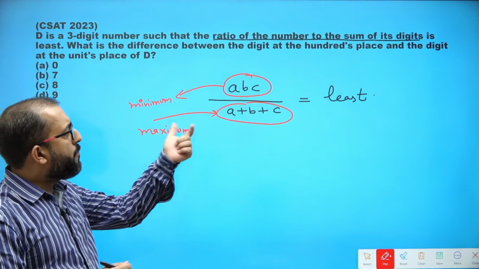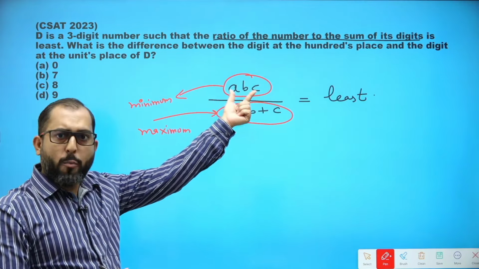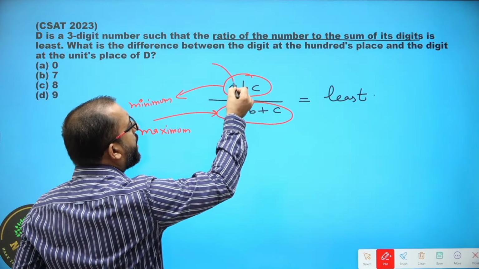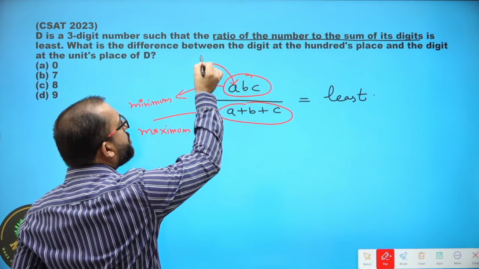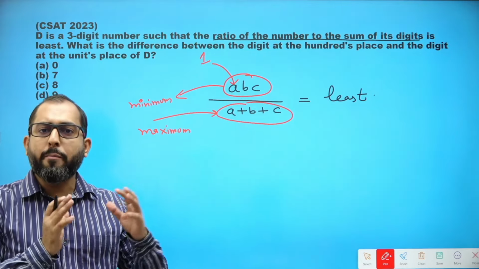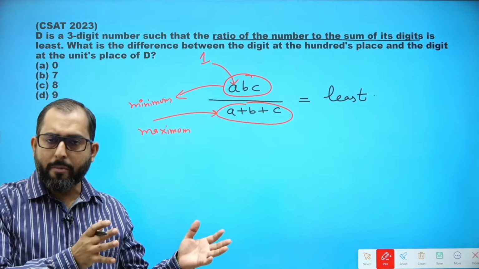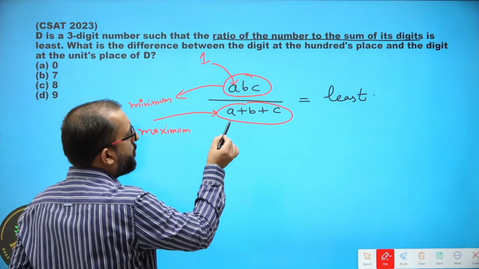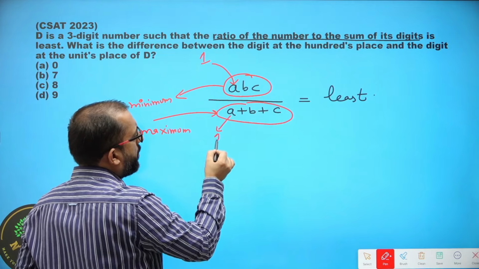So if you want your number to be minimum, then definitely the value of A, its 100th digit must be 1. If you want the minimum value of a 3-digit number, then its 100th digit must be 1. So value of A is 1.